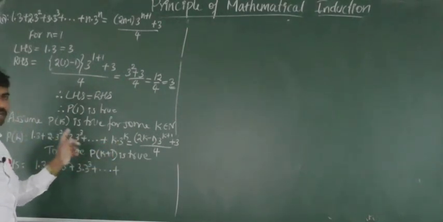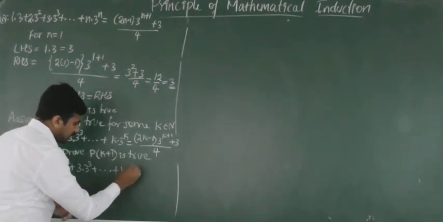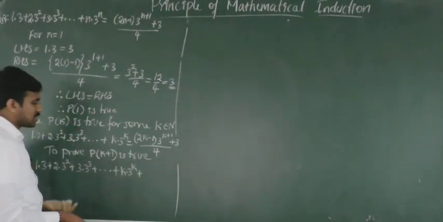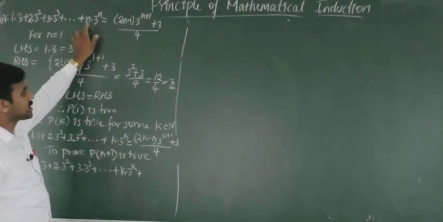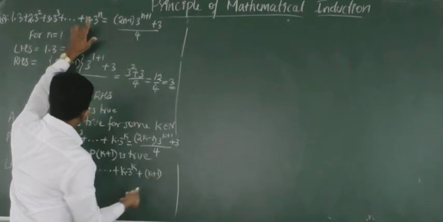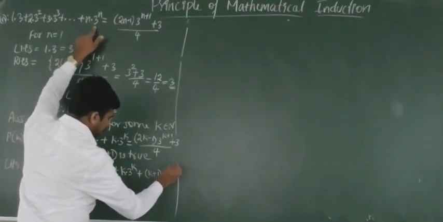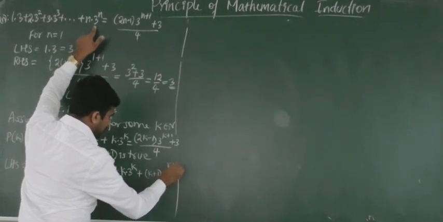So the kth term is k into 3 to the power k, and then the k plus 1th term we get by replacing n with k plus 1. So that is k plus 1 into 3 to the power k plus 1.